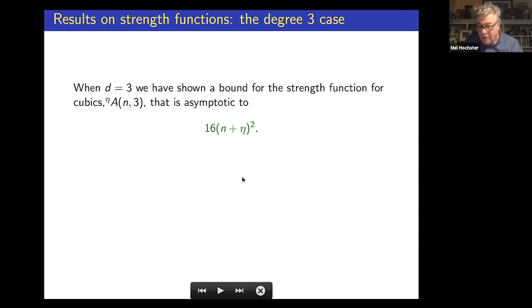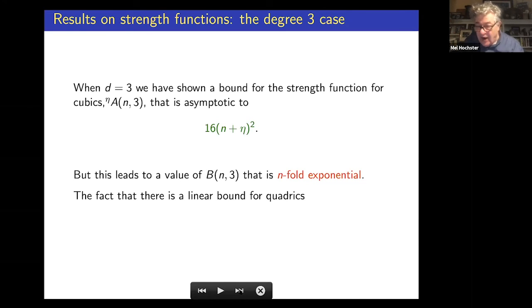Although the results in the paper are more precise and give more complicated formulas, that's not worth doing in this talk. But that leads to values for B that are n-fold exponential. So even this quadratic strength function leads to terrible values for B.